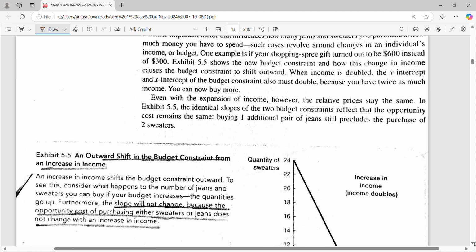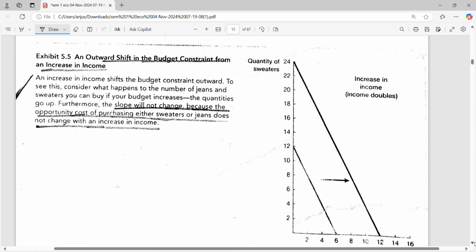Next is when the income changes. Earlier it was 300, right? Now income changed to 600. That means the prices of the goods have not changed.